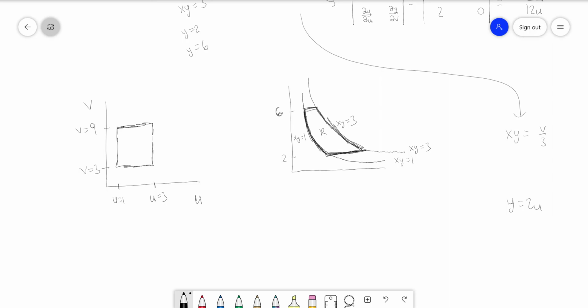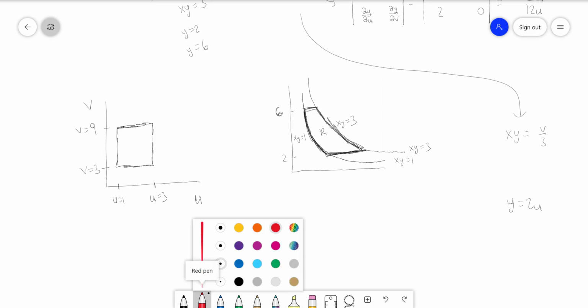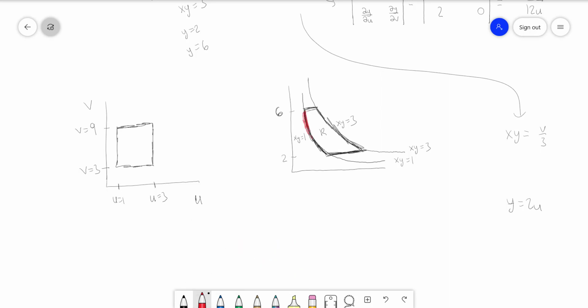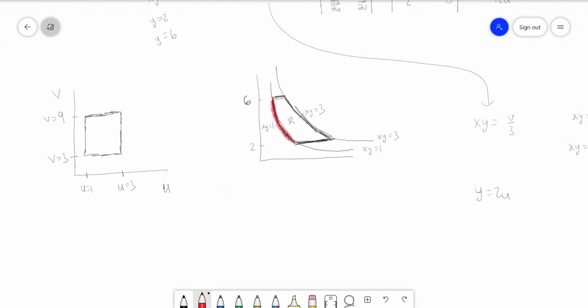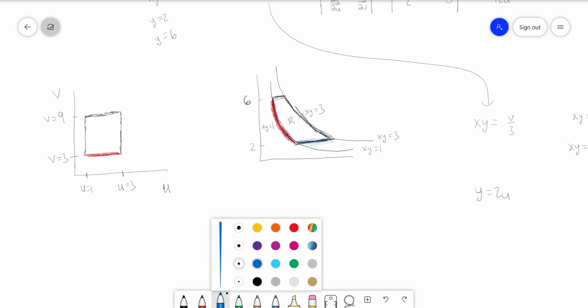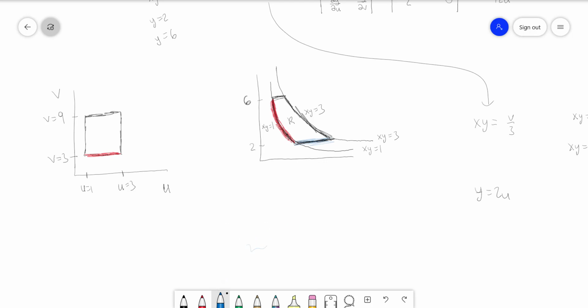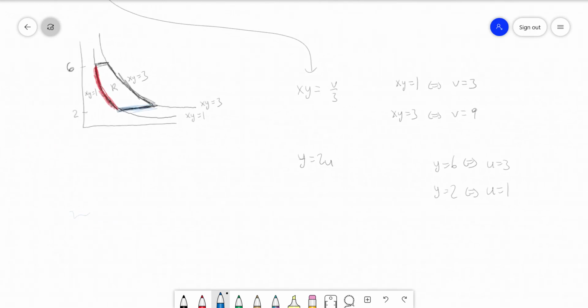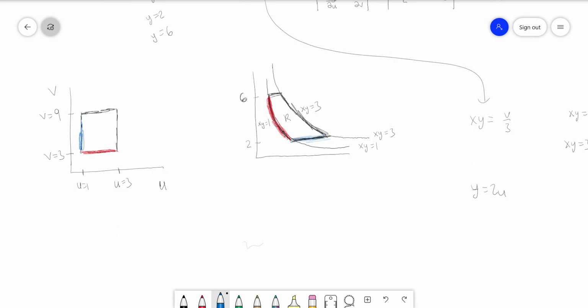So it's not that important at this point, but maybe I'll just make a note of it. Specifically, this edge xy equals 1 corresponds to this edge v equals 3, this one in blue over here. All right, so when y was equal to 2, u was equal to 1, so that corresponds to this edge over here.